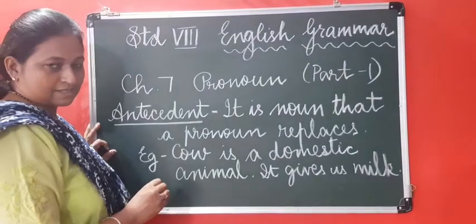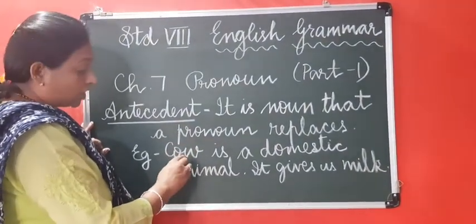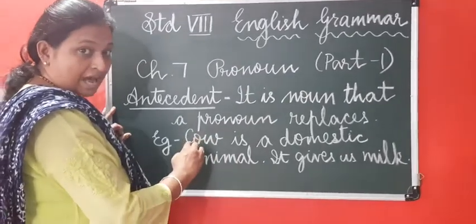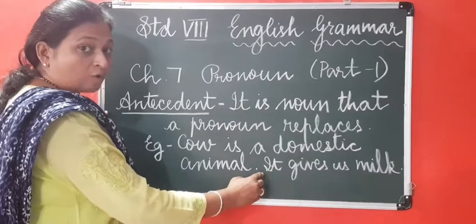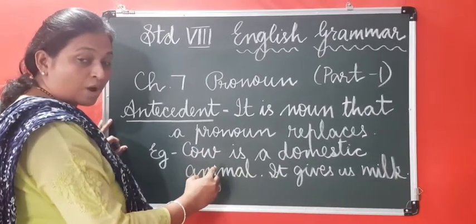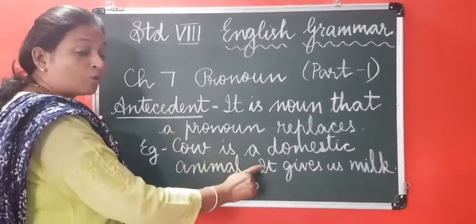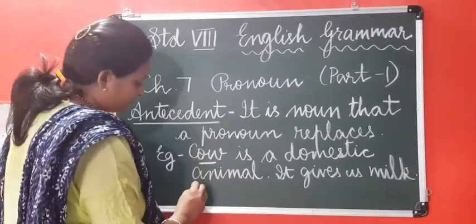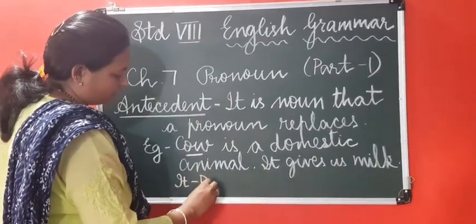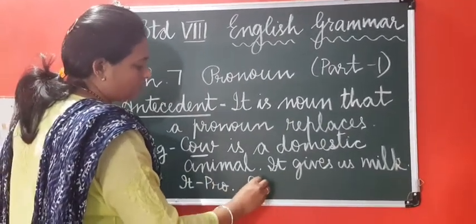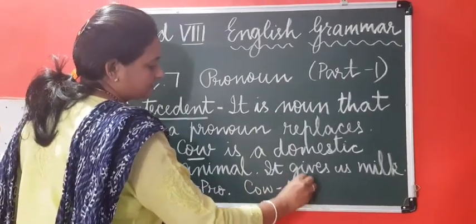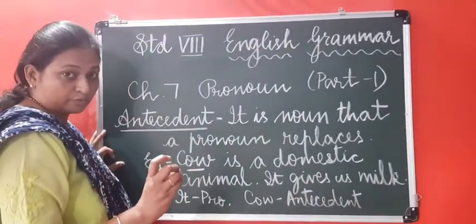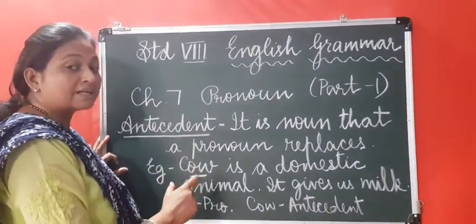Now in this sentence, the noun cow has been replaced by it. Cow is the noun which has been replaced by the pronoun it. So what is the antecedent? The word which the pronoun replaced, and which is that word? Cow. So here it is the pronoun and cow is the antecedent. Is it clear, children? Antecedent is a noun to which a pronoun is being replaced.